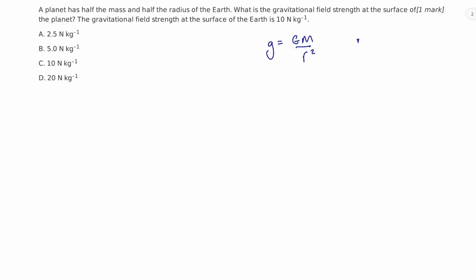The second planet has mass M2, which is half of the mass of the Earth, and radius R2, which is half of the radius of the Earth. So let's plug this in. g is equal to G times half the mass, over half r squared.